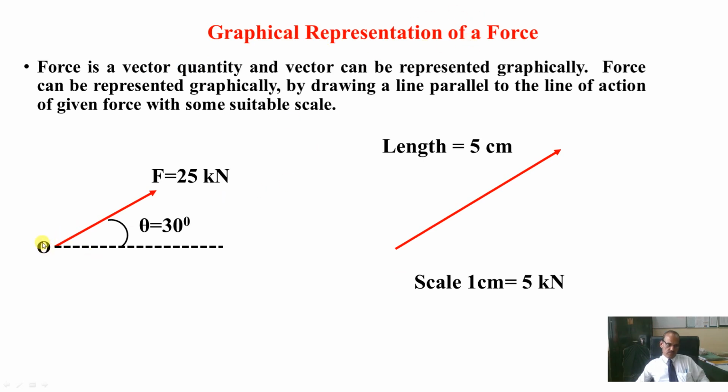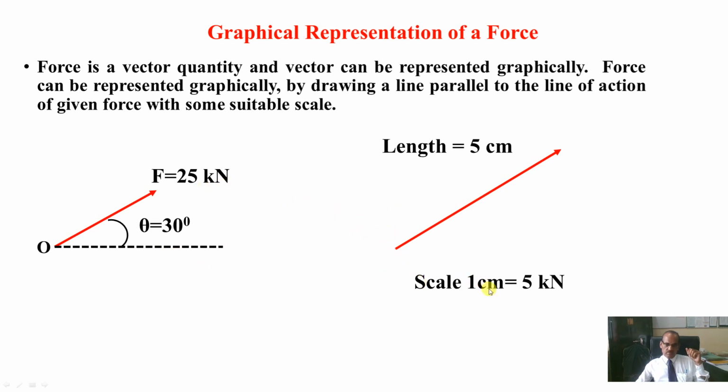You see, at this point O, this force F of 25 kilonewton is acting, and it has made an angle of 30 degree with the horizontal. So to represent it graphically, you can take a scale.